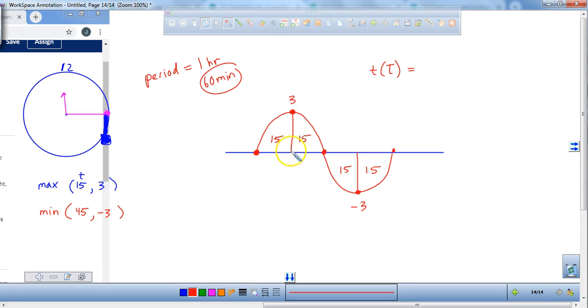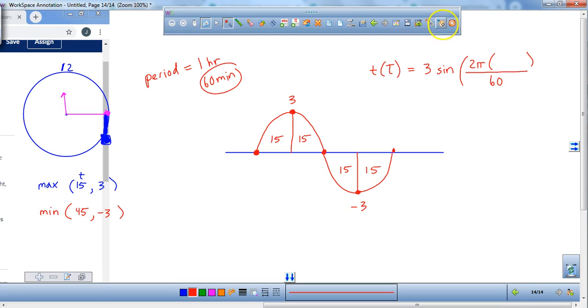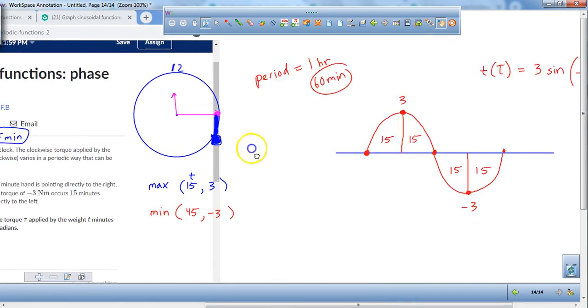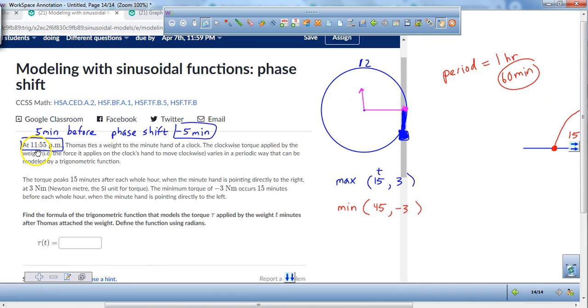So we have T of t, time, and the distance from the midline to the maximum is the amplitude, so I'm going to call it 3. I'm interpreting it as a sine function. And the period of a sine function is always 2 pi, but our period is 60 minutes, so I'm going to put 2 pi over 60. And then I'm going to apply the phase shift, because he didn't start this graph until it was 11:55.